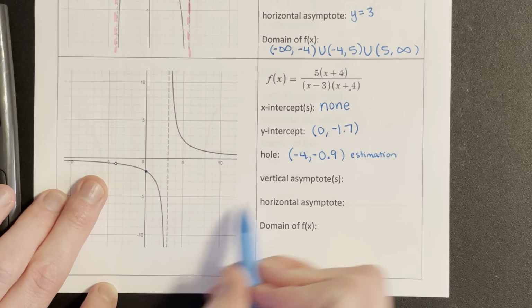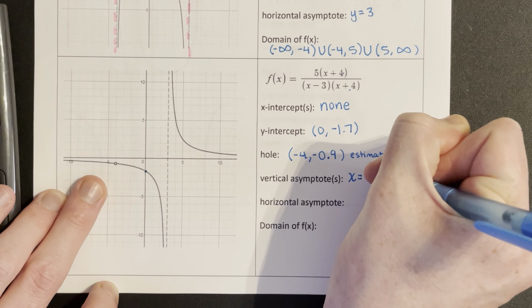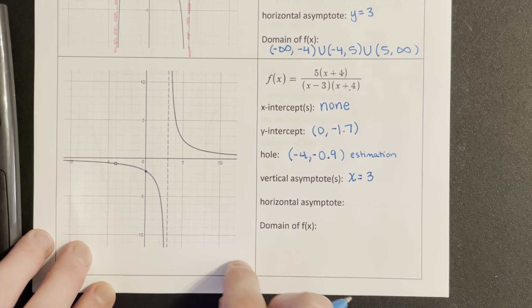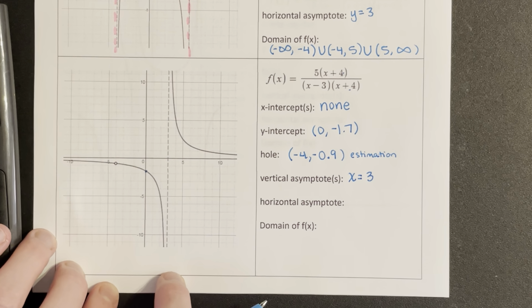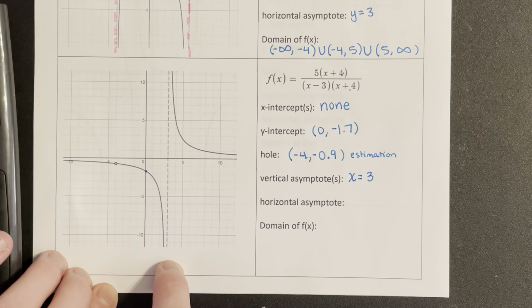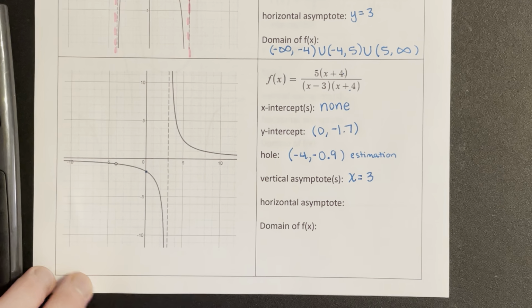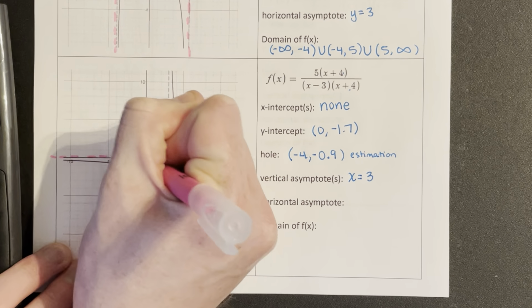The vertical asymptote I see here at +3, so it's x equals +3. And the horizontal asymptote, remember, it's not always going to give you this dotted line, so just kind of look for where the function is flattening out, if it is. And we can see how it's flattening out as it gets closer and closer to 0. So that's where the horizontal asymptote is, y equals 0.